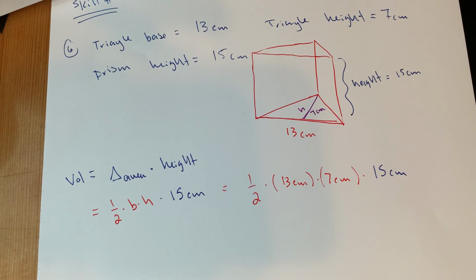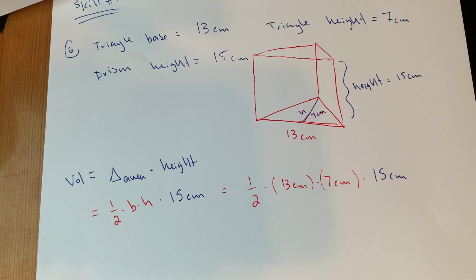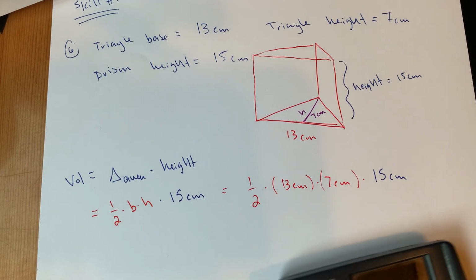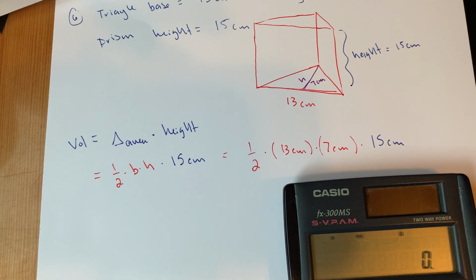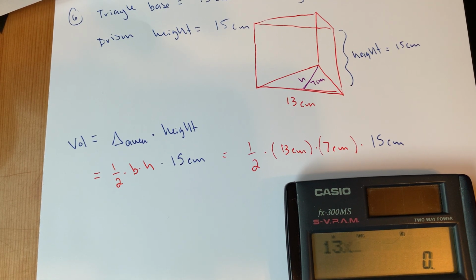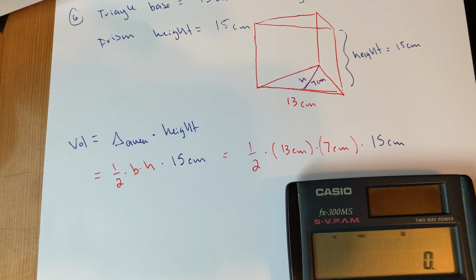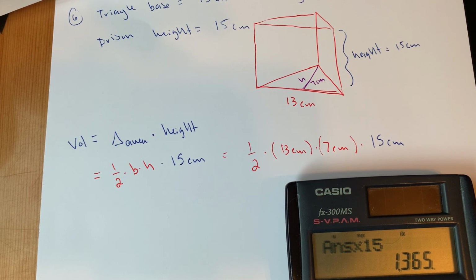Gosh, what is this going to be? I don't know off the top of my head, we'll just crunch it. We'll try not to get too fancy. I'm going to do 13 times 7 times 15, not just times 1, right?